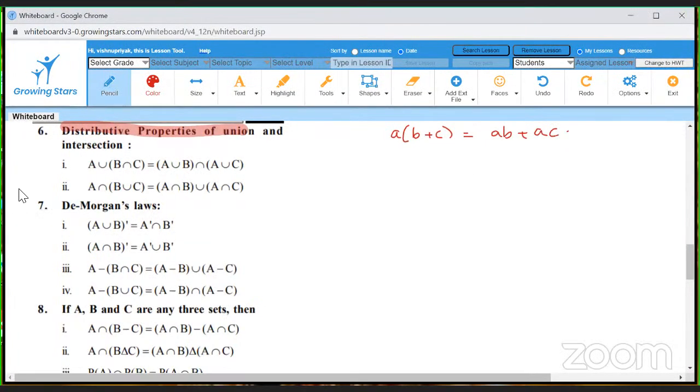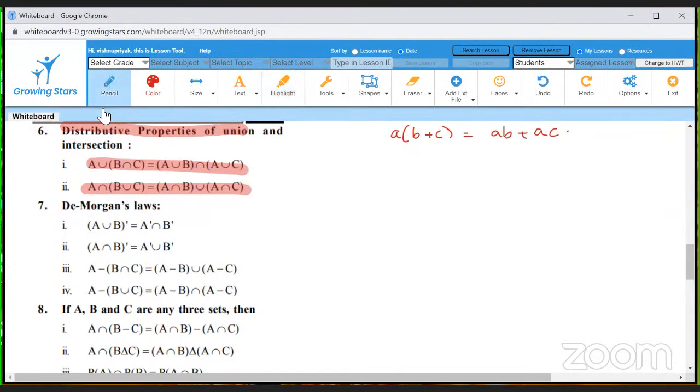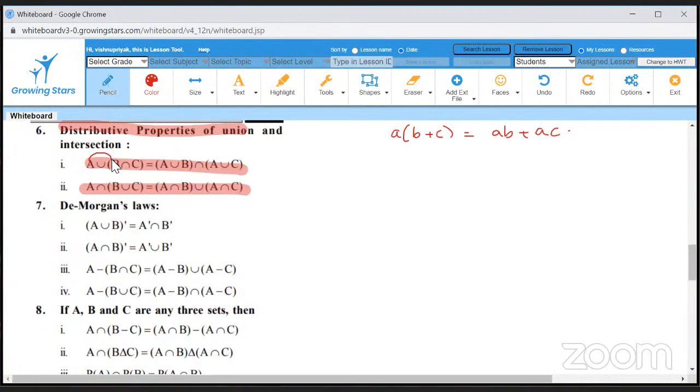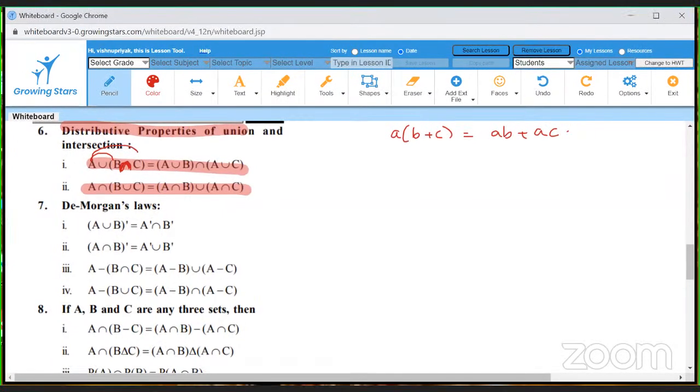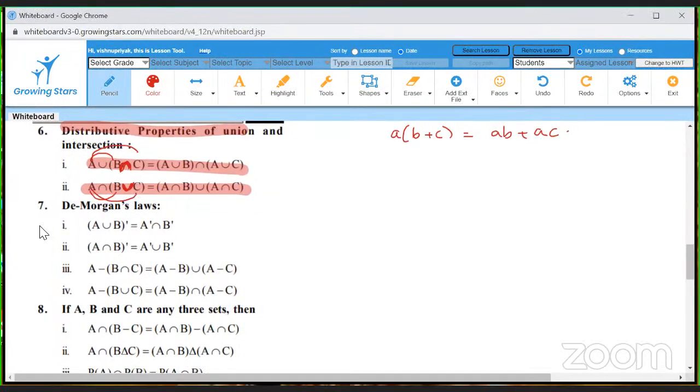But in sets also you have the distributive property like this: A union B intersection A union C. Here, A intersection B union A intersection C. That is the distributive property.